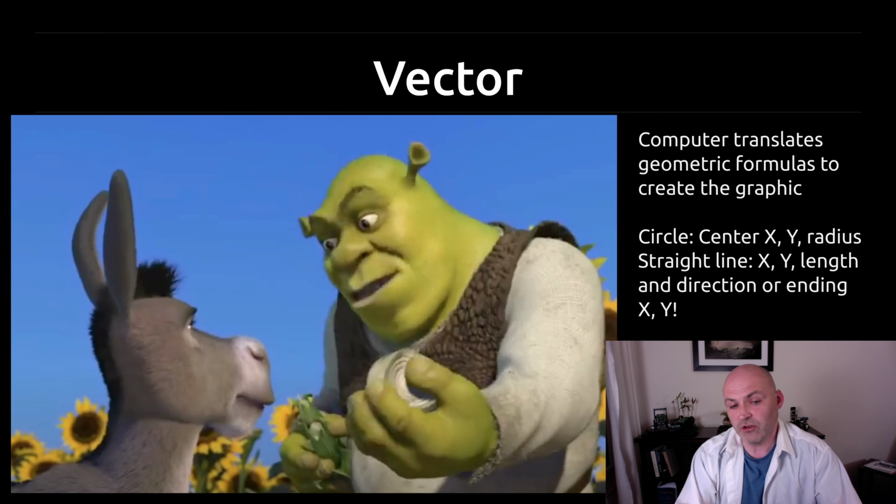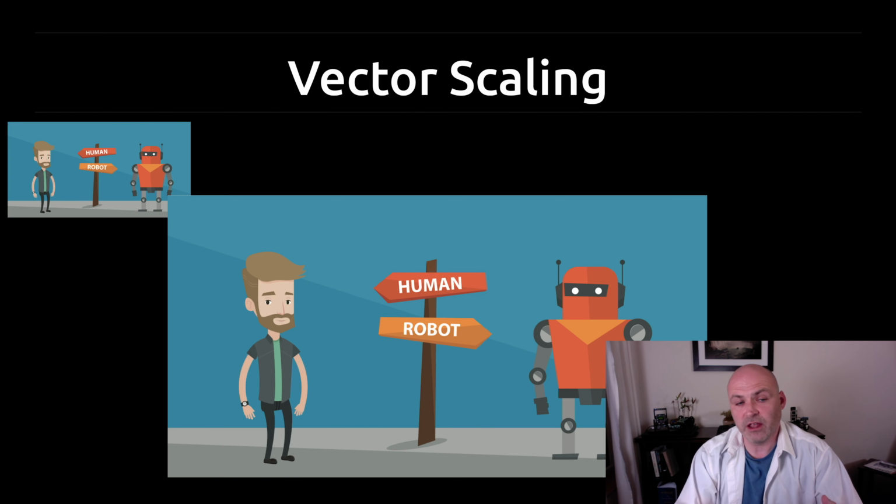Now, the interesting part about this is that it actually means that these pictures can scale to any size, because remember, it's just math. So I can create a vector image and display it in a 64 by 64 tiny little image like an icon. And I can take that same image and display it as big as my screen in 4K.